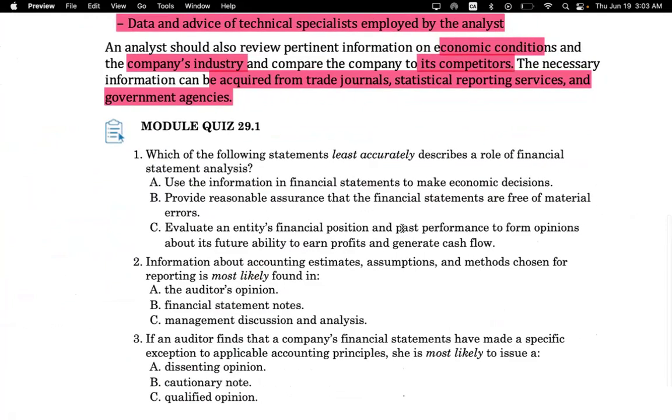Now questions. Which of the following statements least accurately describes the role of financial statement analysis? Least accurately.